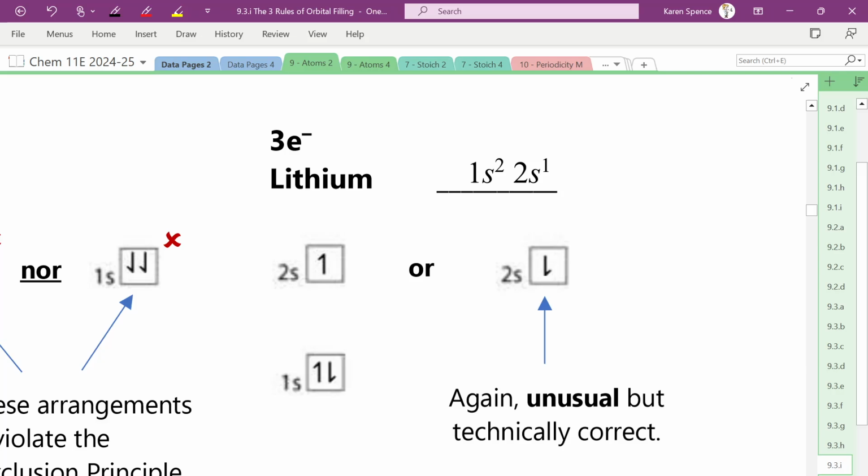Lithium, again, if you were to do it this way, this is unusual, but technically correct. And the configuration, of course, we have our 1s. It contains 2 electrons, so it's 1s2, and the 2s orbital contains 1 electron, so that is our 2s1. So far, so good?